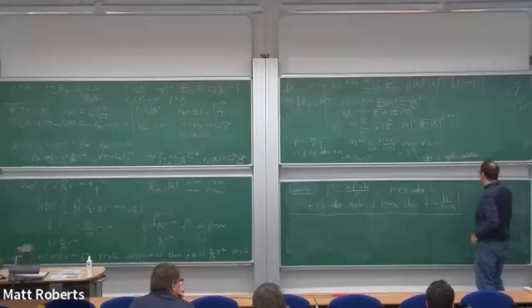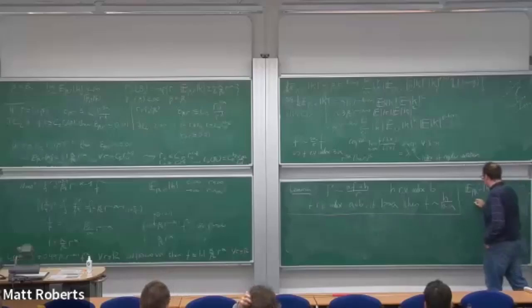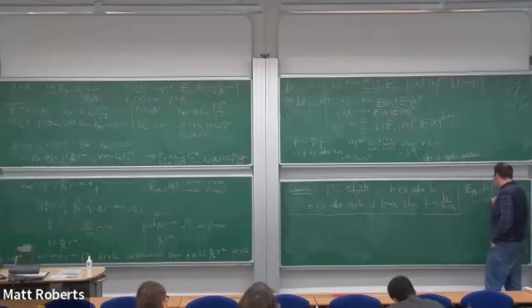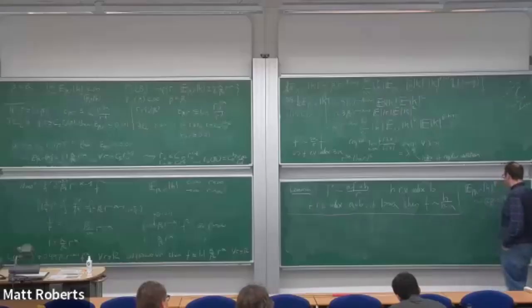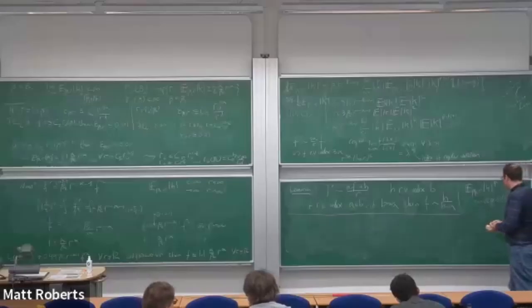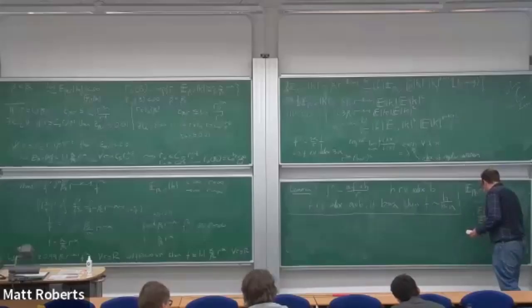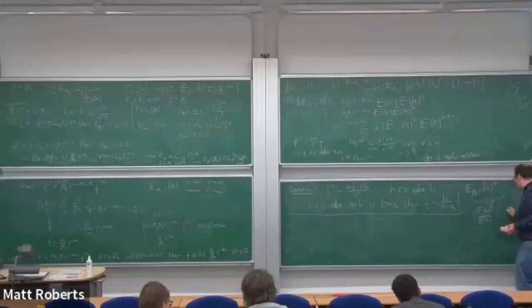And once you've established this, what you get is that the pth moment is asymptotic to (2p minus 3) double factorial times the ratio of the second moment to the first moment to the power p minus 1 times the first moment.